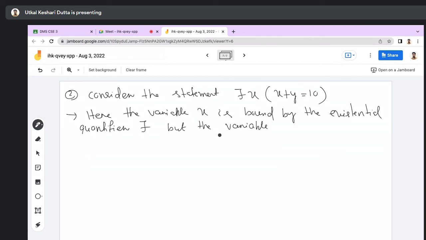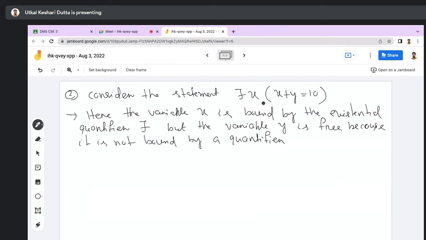But the variable y here is said to be a free variable because the variable y is not bound by a quantifier. That means there exists x is written, so that does not say anything about y.